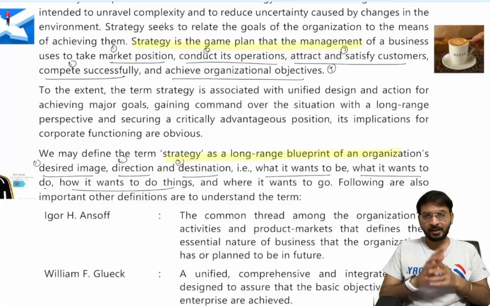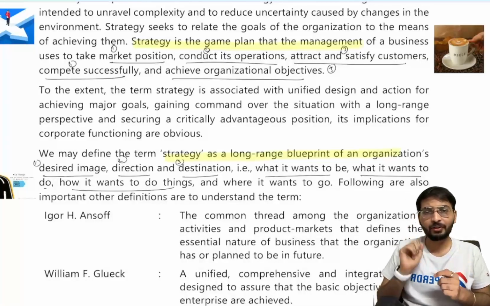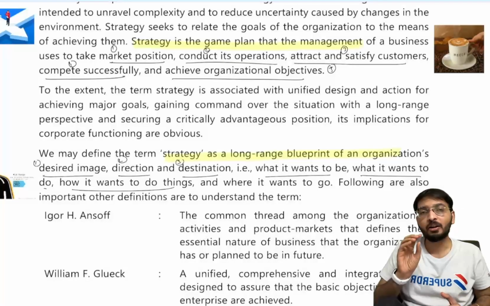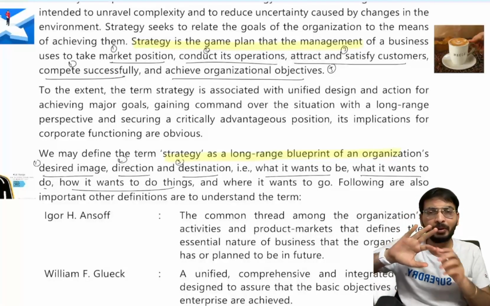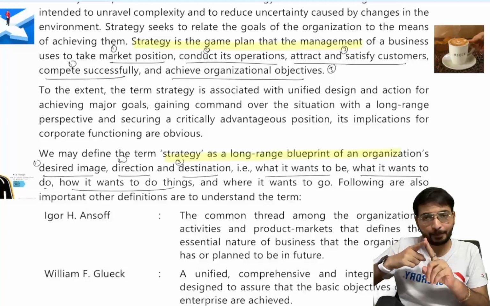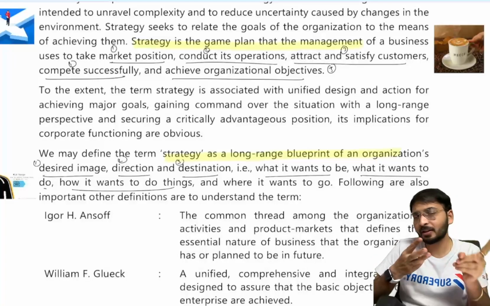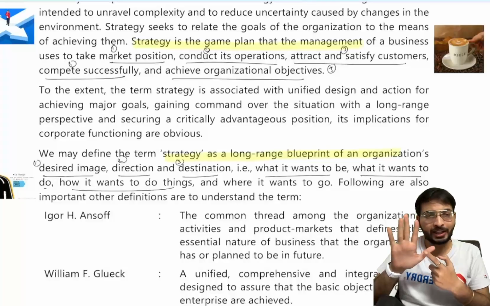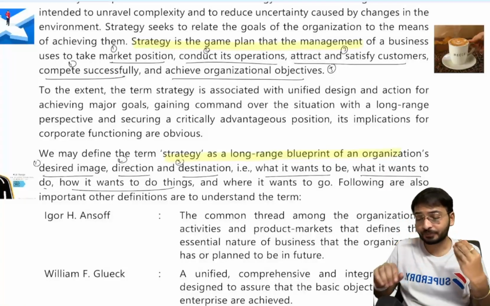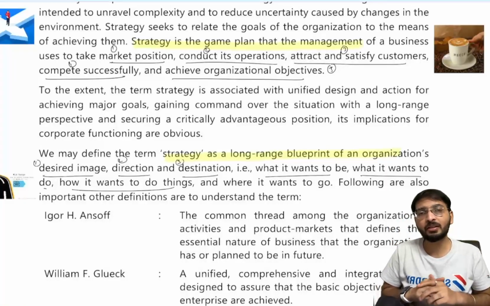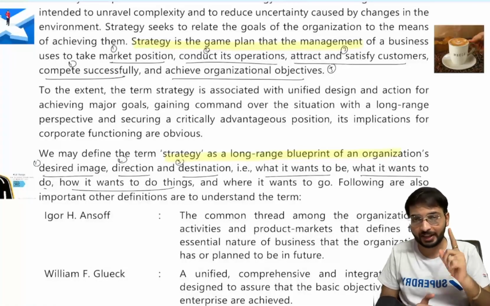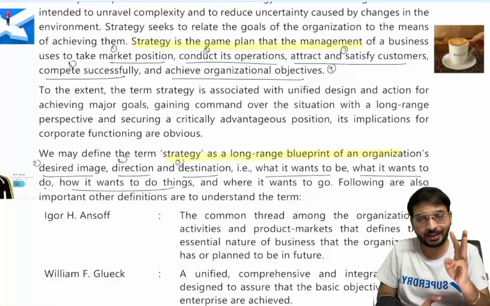Okay, so again, strategy has two definitions. The first definition is strategy is a game plan used by the management to conduct five things. Number one, MOCA, market position. Number two, operations, attract and satisfy customers, compete successfully, to achieve the organizational objectives. Now, second definition is strategy is a long range blueprint of an organization to get its desired image, direction, destination. 3Ds.